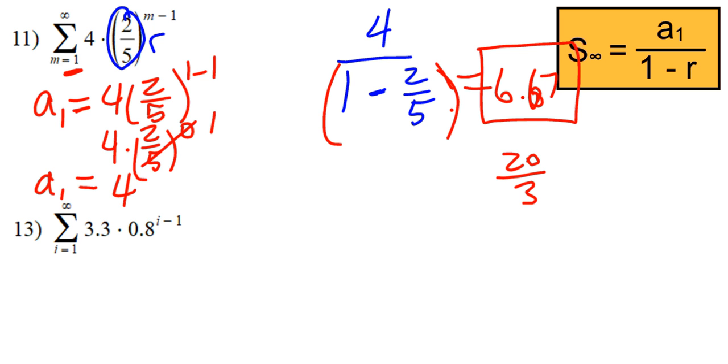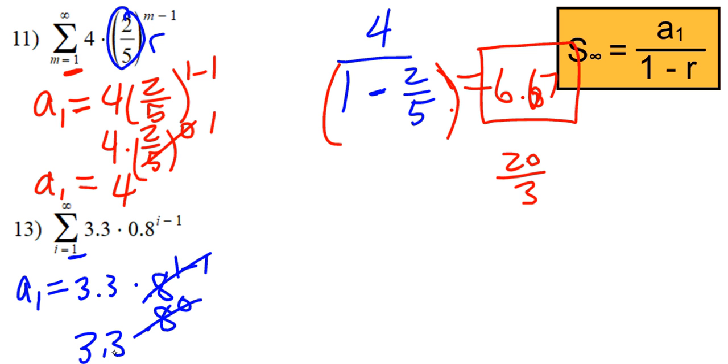Next one, same thing. Find A1. That means you're going to plug in 1. That's 3.3 times 0.8 to the 1 minus 1. You've seen this enough times that that's going to cancel out, and you're just going to end up getting 3.3. Your R number is the base on that power.